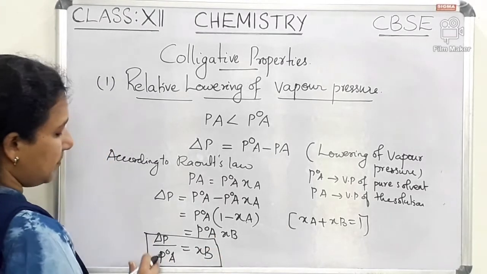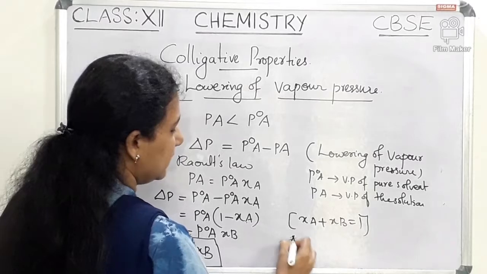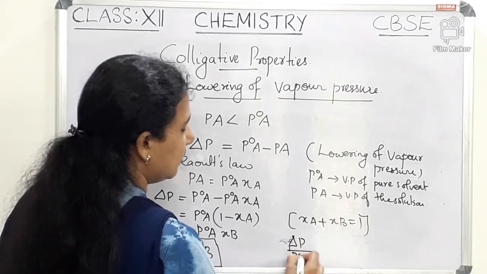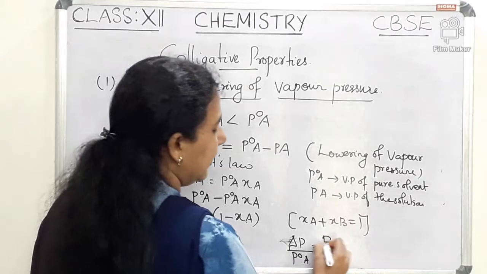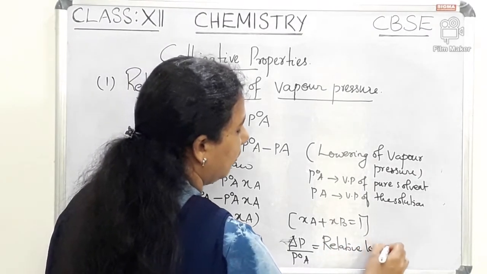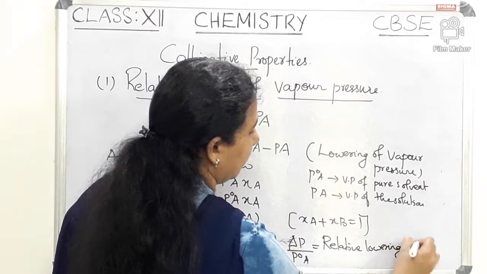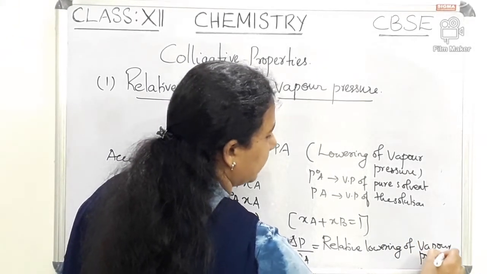So delta P by P0A is called the relative lowering of vapor pressure.